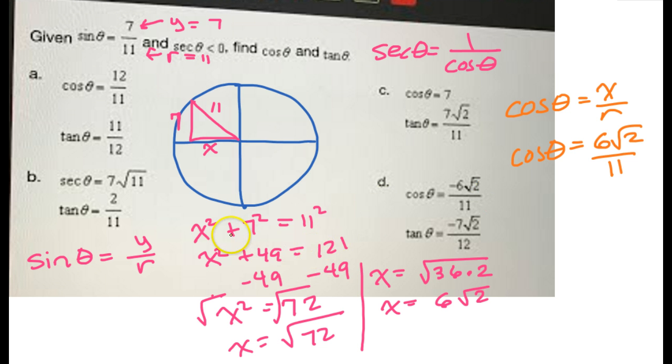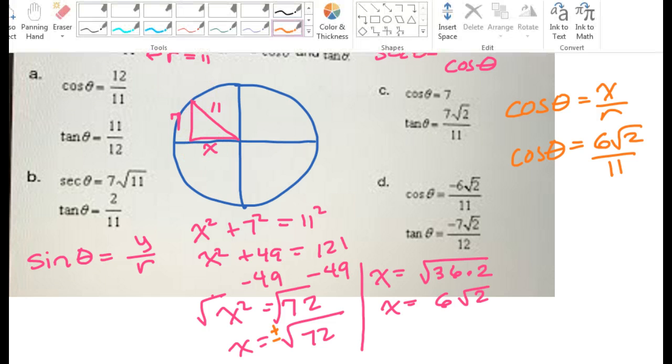Oh, you know what? When I took the square root just then, I should have said plus or minus the square root of 72. That's what you have to do anytime you take the square root of both sides. So this was really plus or minus 6 radical 2. But in this case, we know that x is negative because of the quadrant.